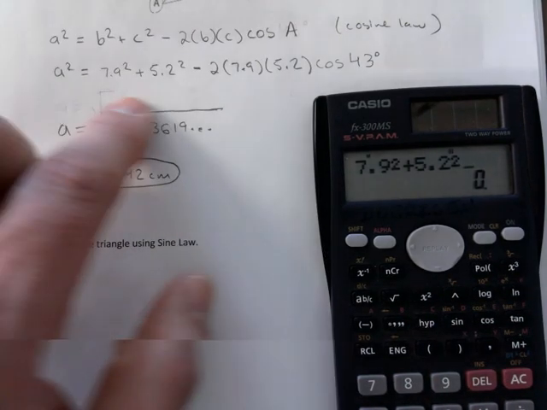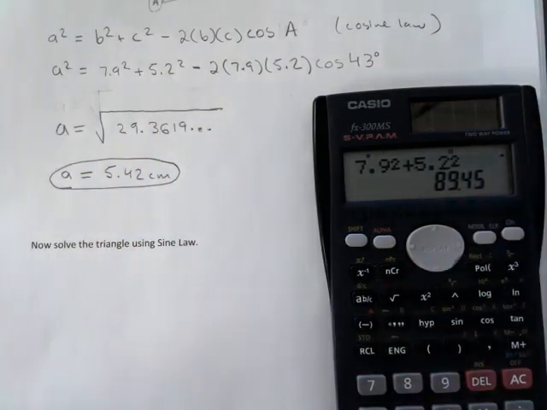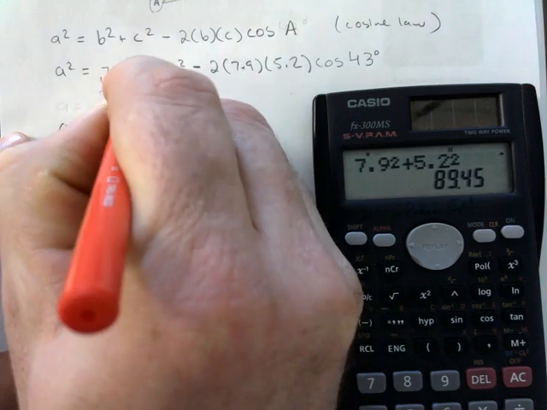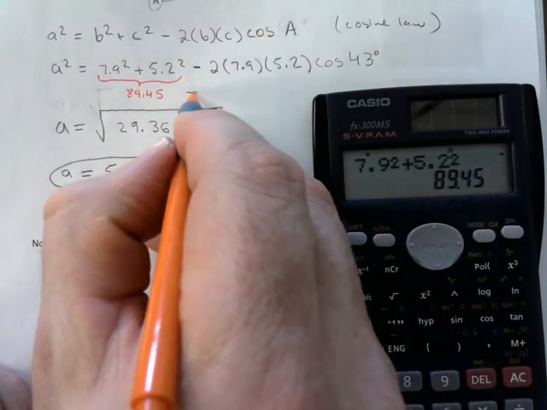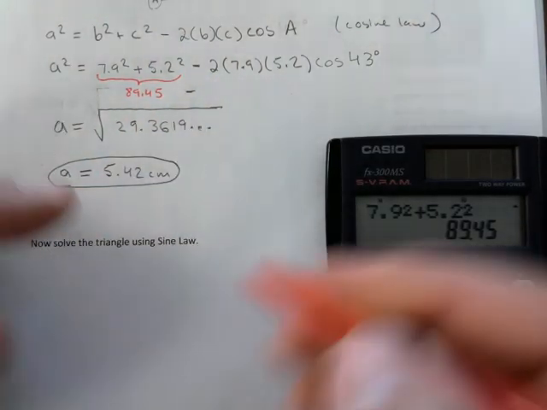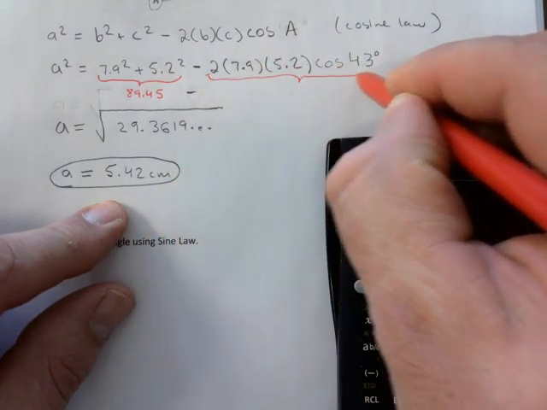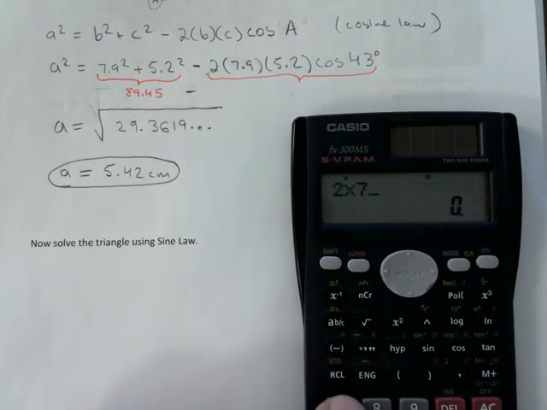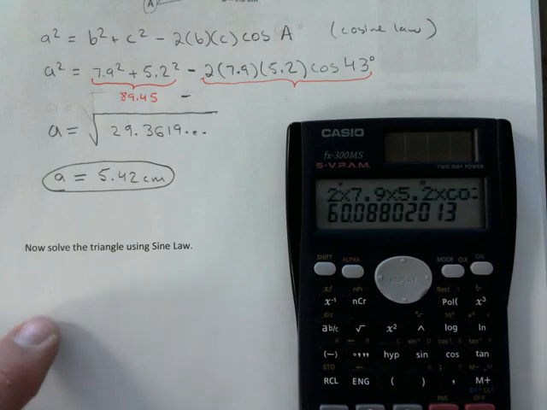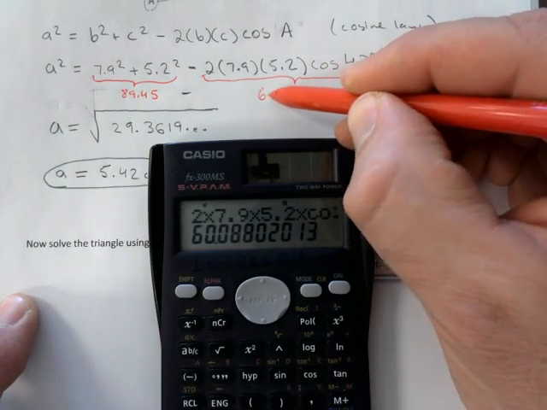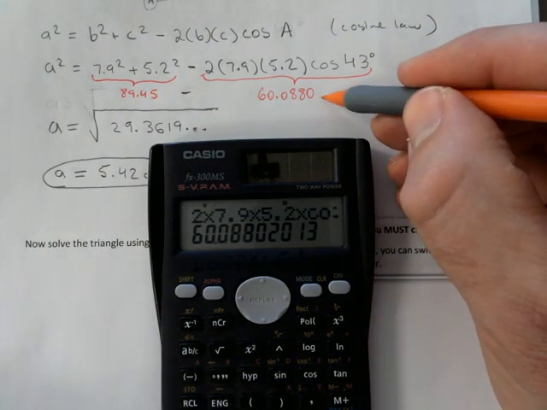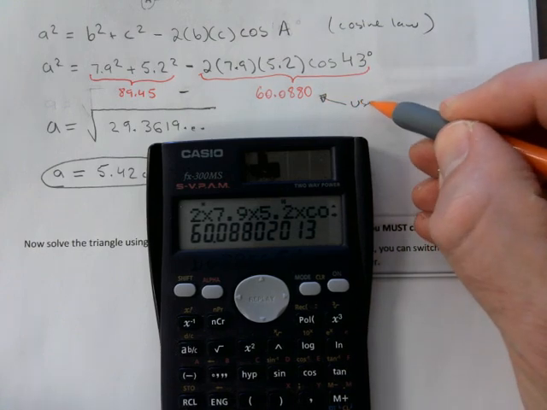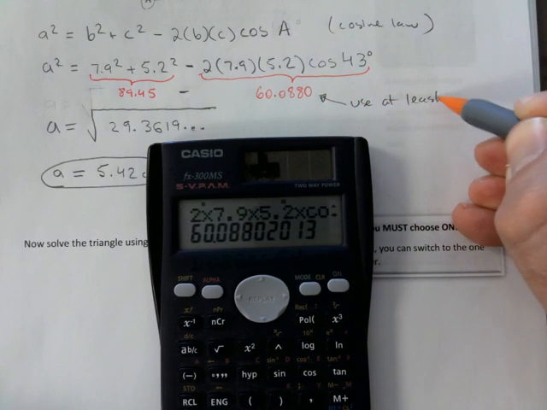If you square and add the first two here, that's actually 89.45, minus this other part, which is going to be 7.9 times 5.2 times cosine of 43. I want you to use at least 4 decimals.